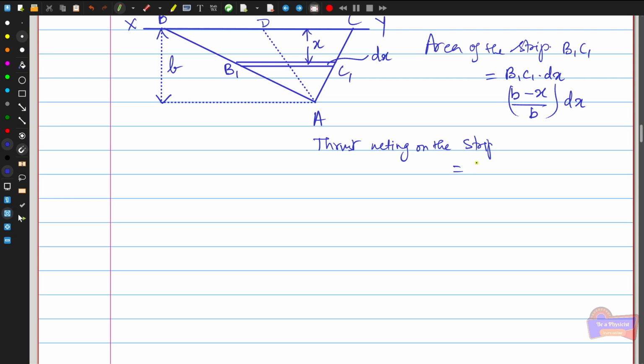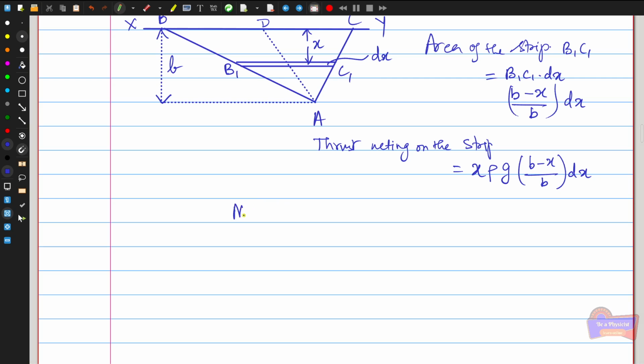which is equal to the distance x, into the density of the liquid rho, the acceleration due to gravity g, into the area b minus x divided by b into dx. If the thrust is known, then we can easily find the moment of the thrust about the liquid surface.